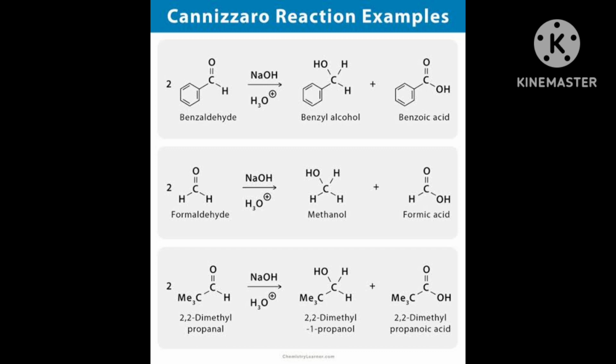Again, aldehydes which do not have an alpha hydrogen atom. What is the alpha hydrogen atom? Next to the aldehyde group, if any carbon is attached and has at least one hydrogen atom, then that hydrogen atom is called alpha hydrogen.